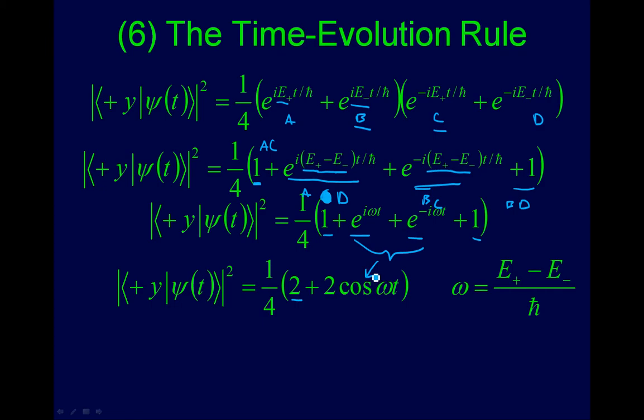This is the kind of complex stuff we did in the first week of class. Cleaning this up a bit, I get 1/2 plus 1/2 cosine omega t. Once again, stop here and make sure you can calculate this and follow how we did this. We're going to talk now about what this means. Again, one hard part is calculating, and one hard part is trying to interpret it.